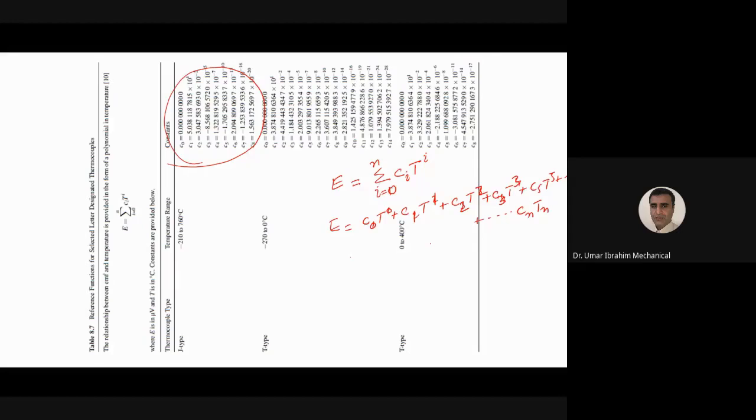Now, how do we use this equation? So for the J-type thermocouple, we will have 9 terms.